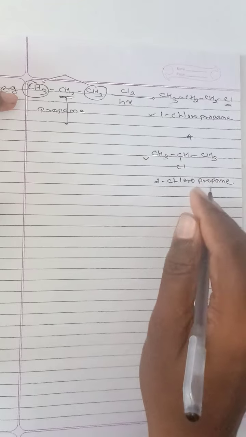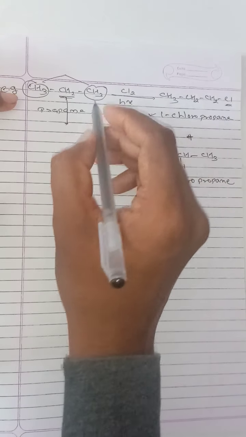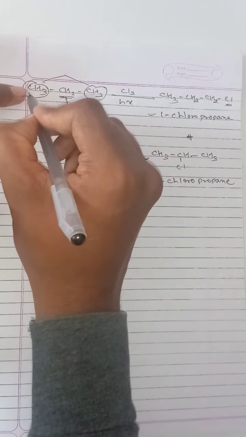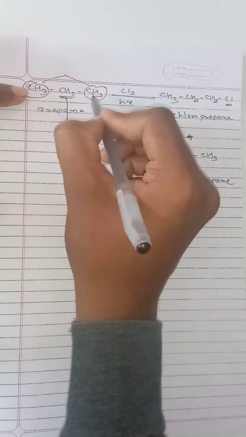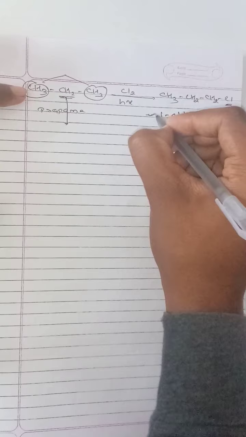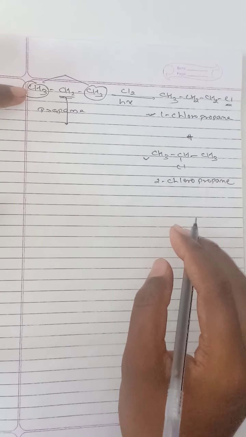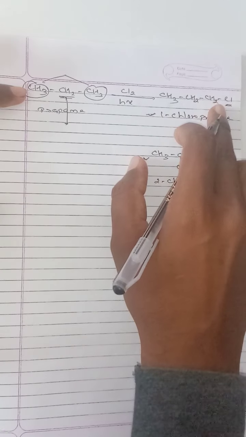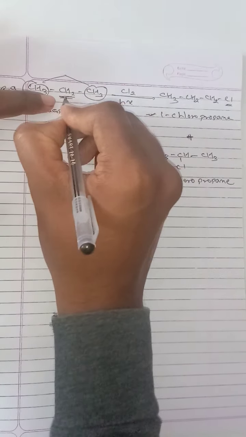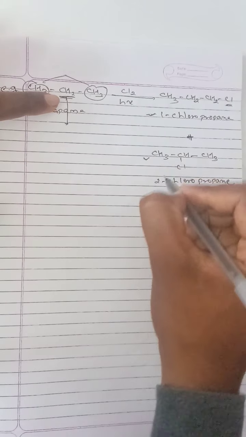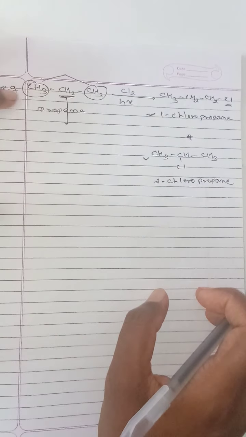So in the first product, the chlorine group is attached with either this carbon or this carbon. There is no difference in our product. And for the other product, the chlorine atom is attached with this second carbon, so we get 2-chloropropane.